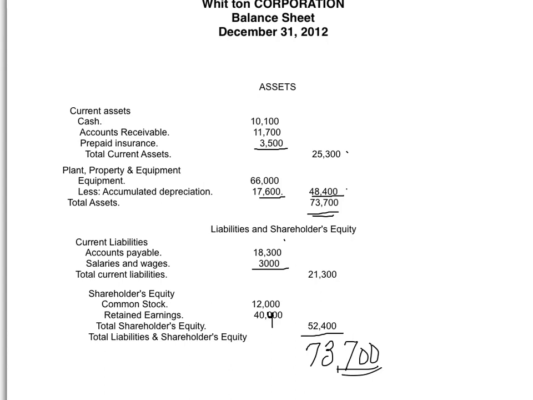So you see the total assets equal liabilities plus shareholders' equity. The assets, 73,700. Liabilities, 21.3. Shareholders' equity, 52.4. And therefore, 73.7 on this side of the equal sign, and on this side, 73.7.